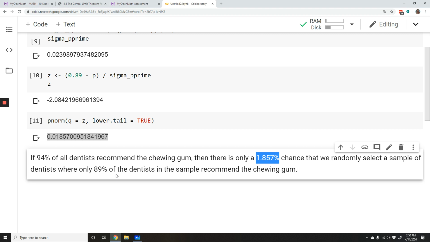Okay. You may also look at this and say, 1.857%, that's a low chance, but it's not like crazy low. It's not like impossible. So maybe you look at that and say, well, maybe there is still a chance. I'm going to give that chewing gum company the benefit of the doubt and not conclude that their claim is false right off the bat. Okay.